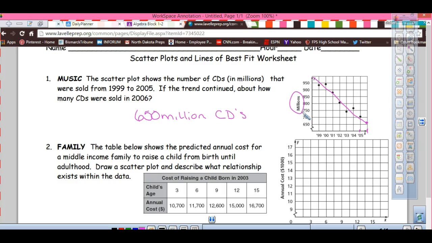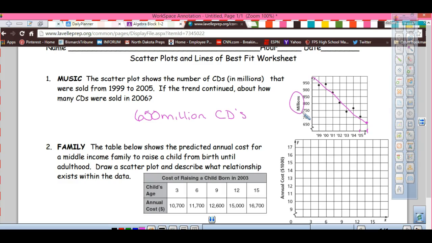All right, so now we have a table, right? And anytime it gives you a table, our calculators can help us with this. But first thing we need to do is plot this. Your calculator, you're still going to have to plot it.